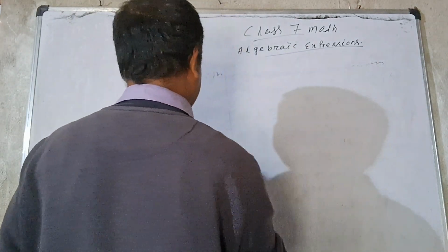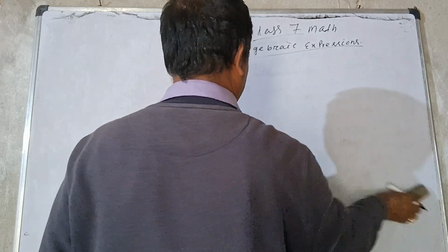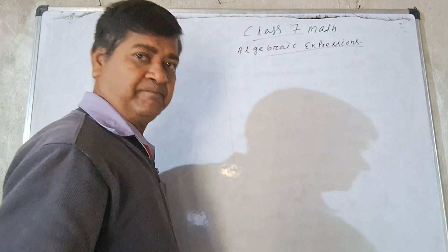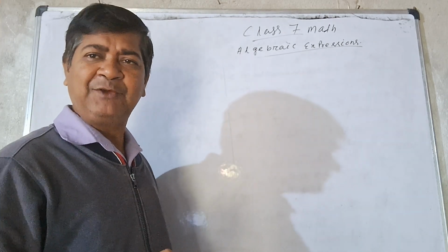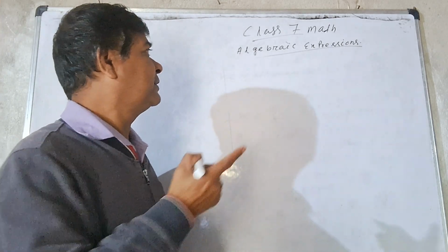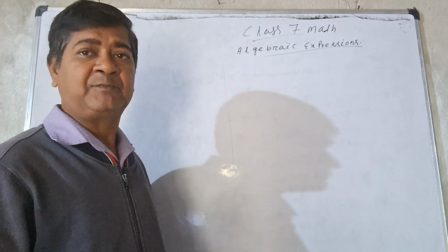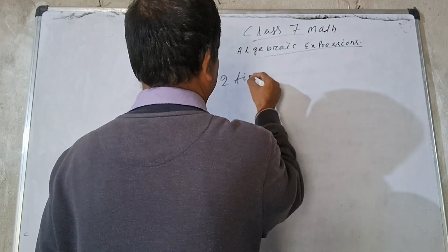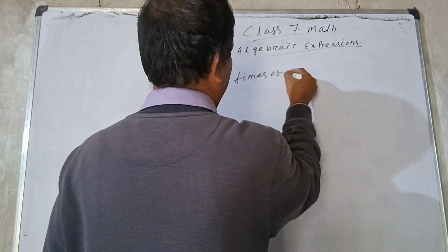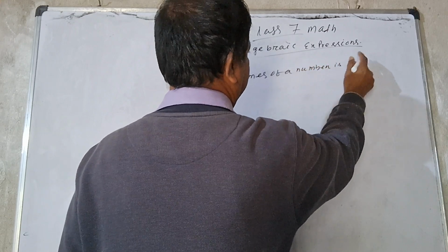Numerical problem and algebraic expression are different. A word problem you can express in algebraic terms by using variables. Suppose 2 times of a number is 6.